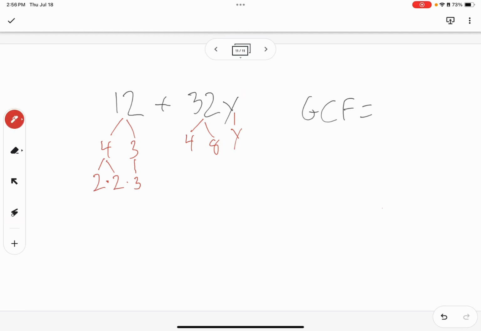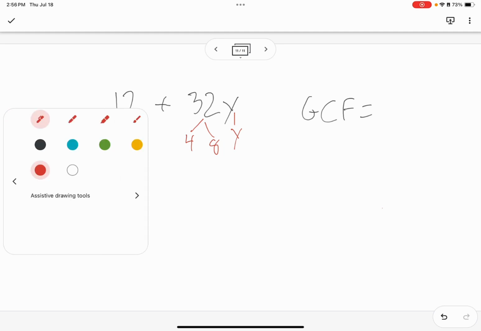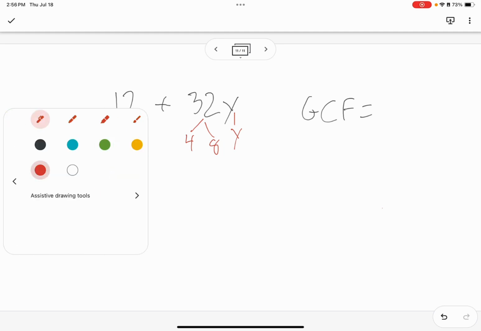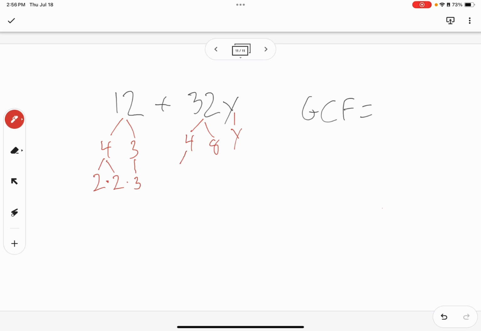So I'm going to put that down. Now I'm going to break this down further. Two numbers I can multiply together to get 4 are 2 times 2. And then 8, I can multiply 4 times 2. I'm going to bring down my y.